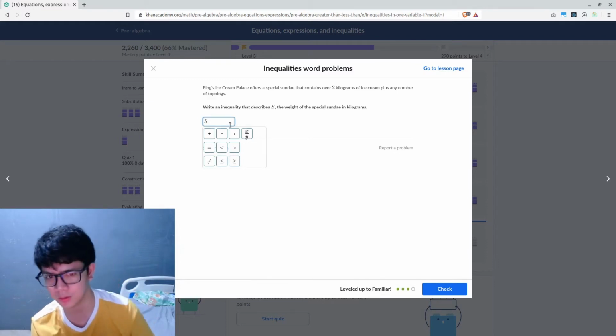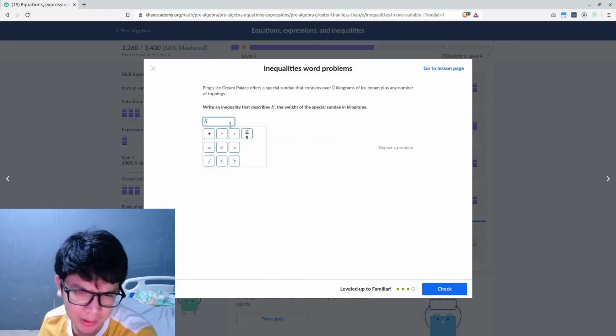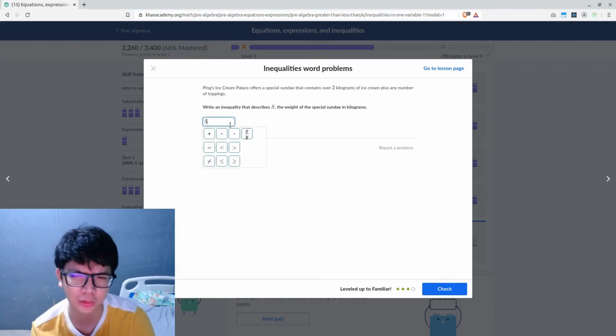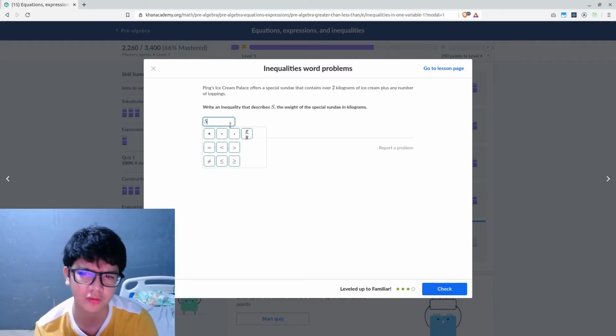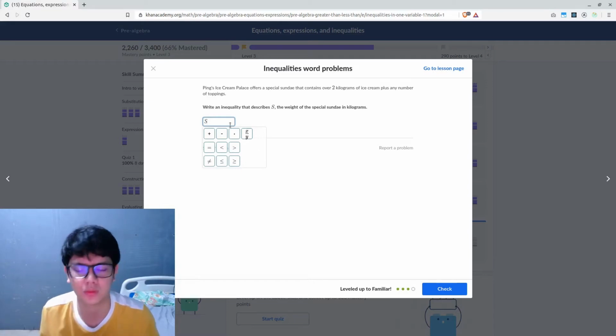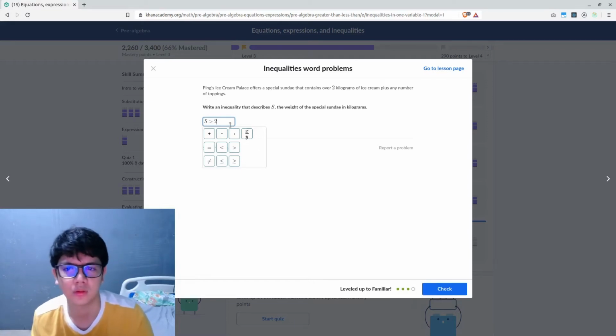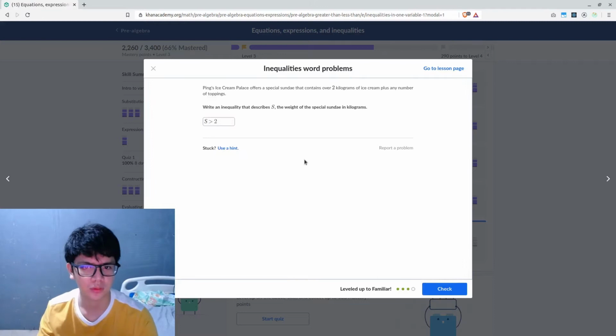Wait, what? Pink's Ice Cream Palace offers a special sundae that contains over 2 kilograms of ice cream. Okay.